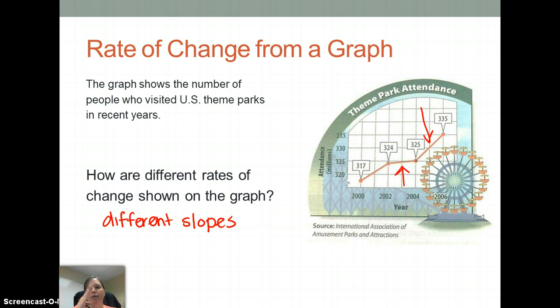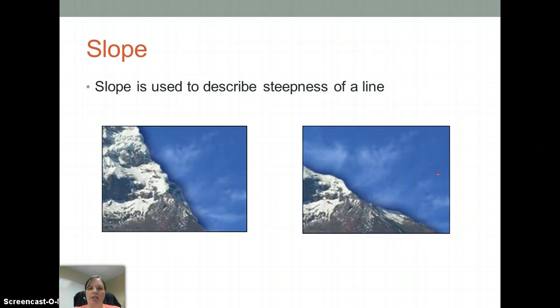Well, that steeper line means there's a much greater rate of change. The rate of change was higher, and here the rate of change was lower. So the steepness of the line is telling us about the pattern. What value is the change taking?